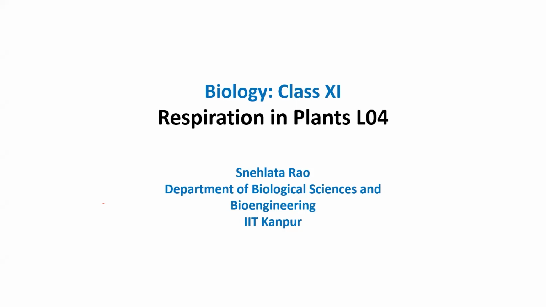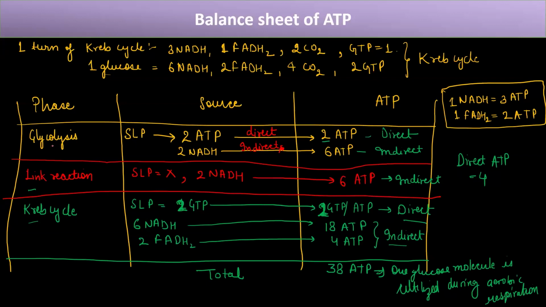But we saw that this was the balance sheet till here: in glycolysis, the direct ATP production was only 2, while in the case of the Krebs cycle as well, the direct ATP production was 2. So in total, till now, we have seen that there are 4 ATPs produced.